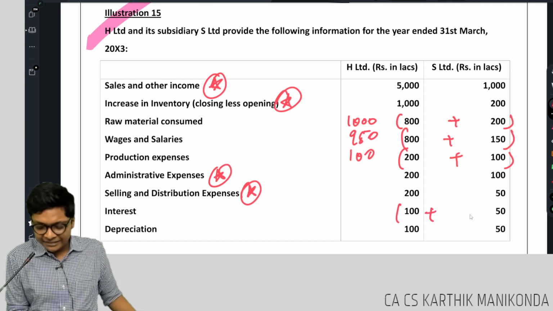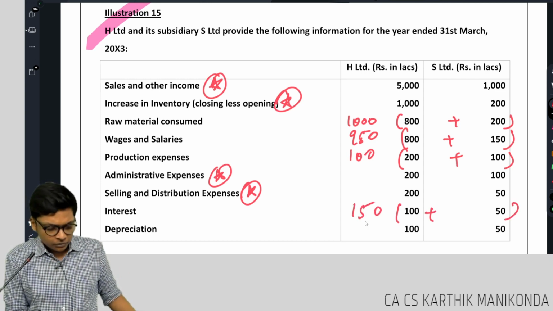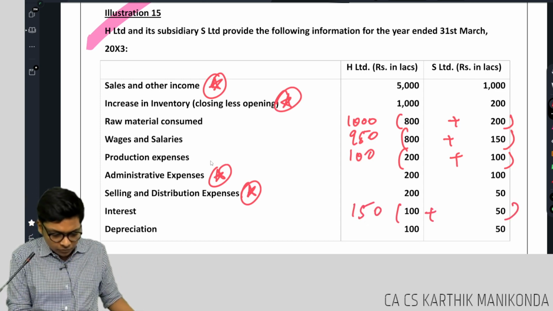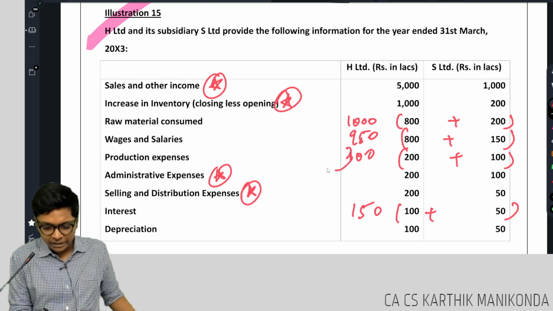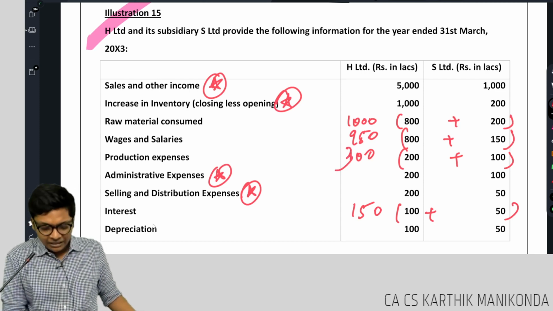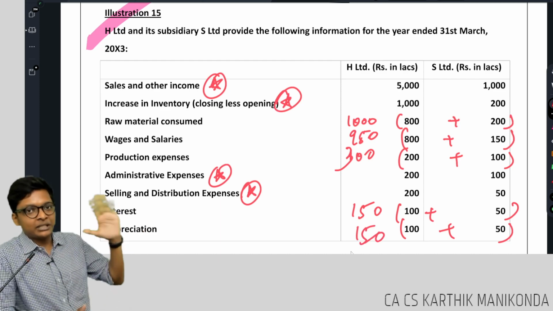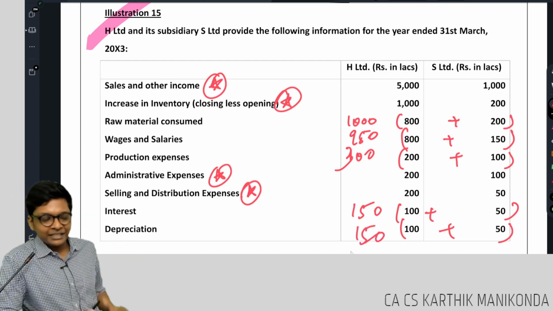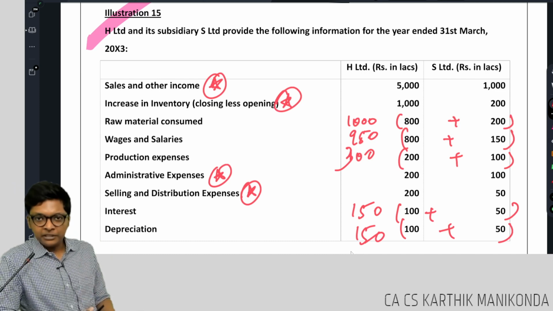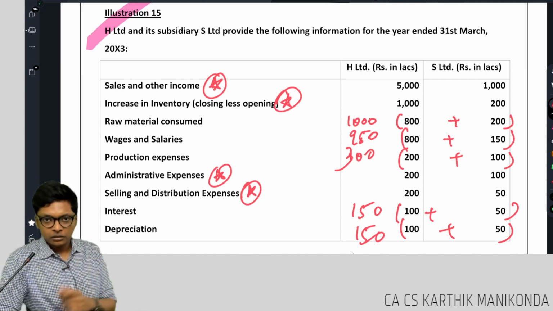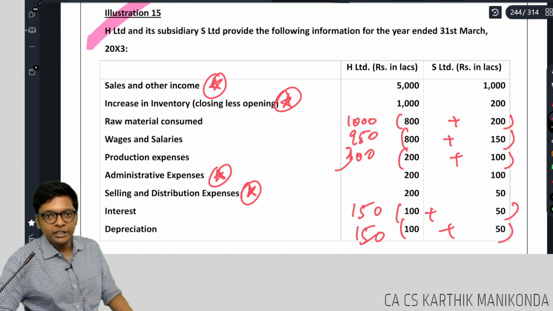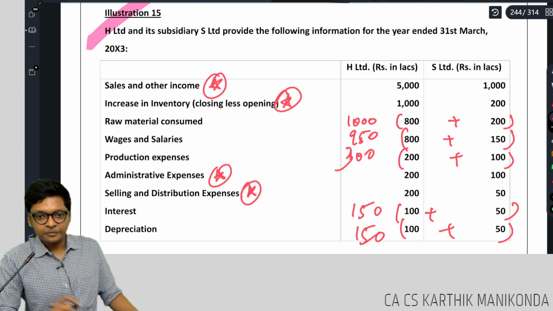Interest will be 100 plus 200, 300. Depreciation 100 plus 50, 150. These things you can write as it is, because there is no other adjustment. Rahul following up. Whatever I put star, only those things have adjustments.